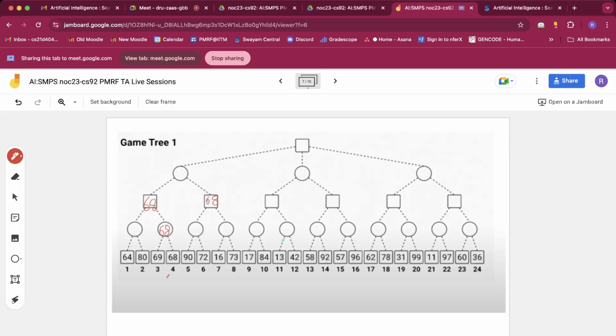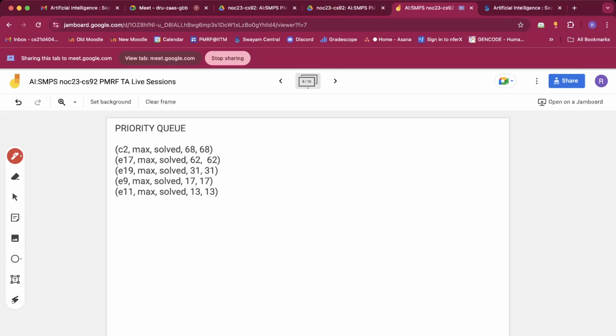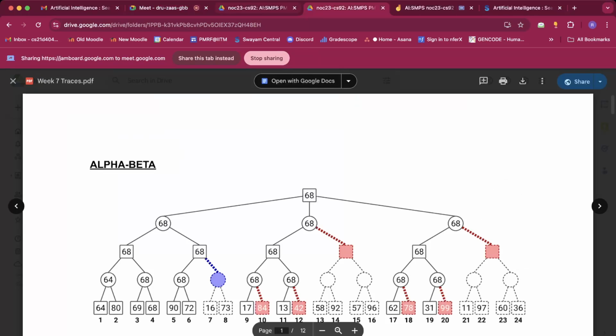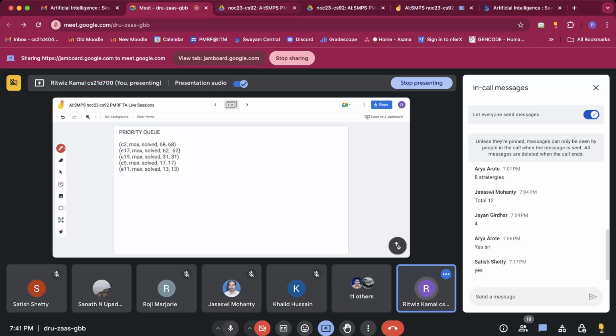Because we have solved both C1 and C2, we can say that B1 has also been solved with a value of 68. So let's reflect that. C2 will be solved when we recursively apply the SSS star algorithm.